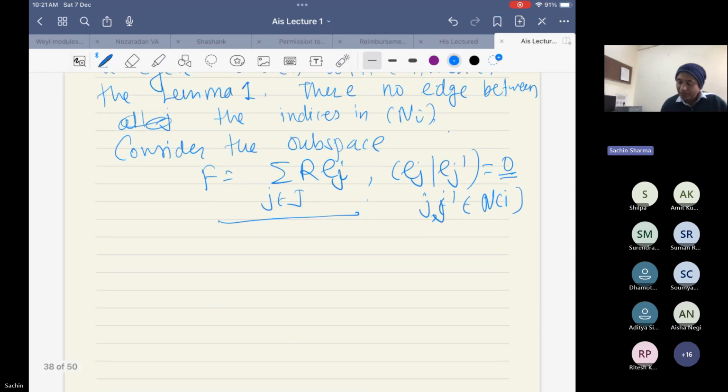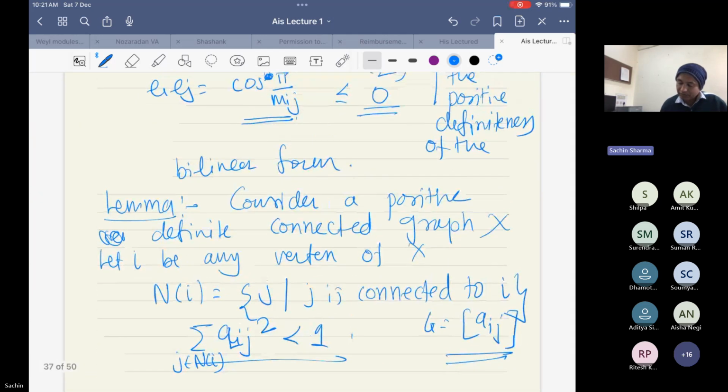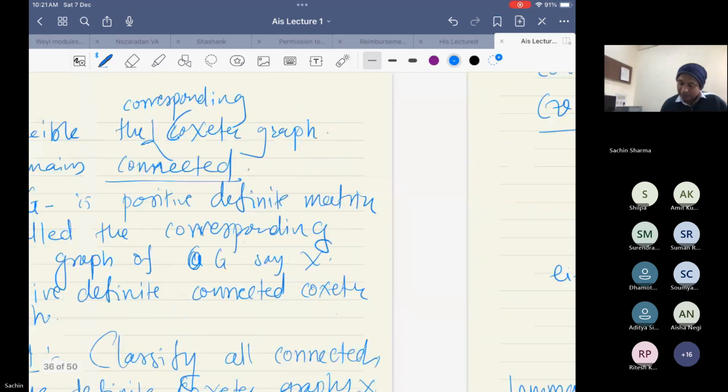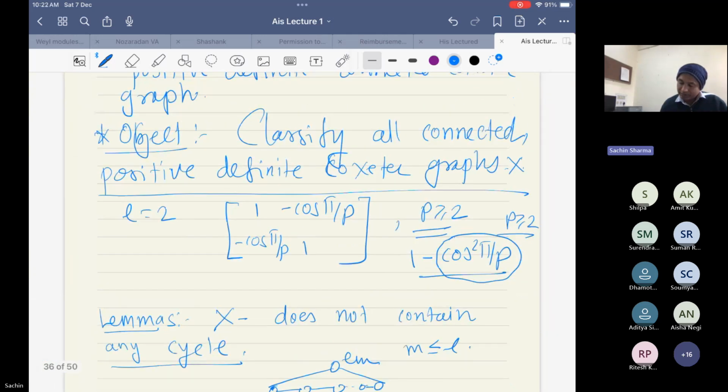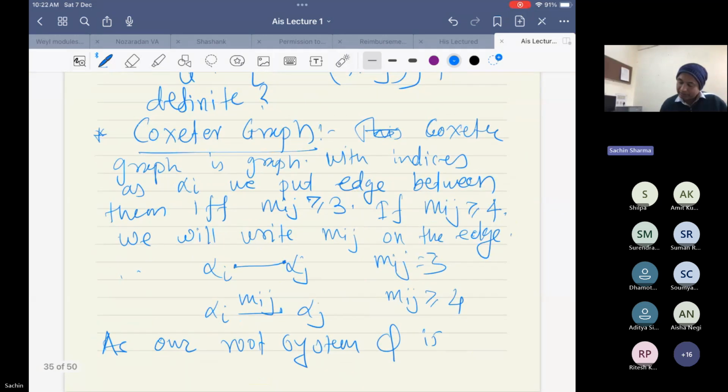Initially, when I defined the Coxeter graph, I mentioned that the m_ij's are 3 and m_ij's are 4.